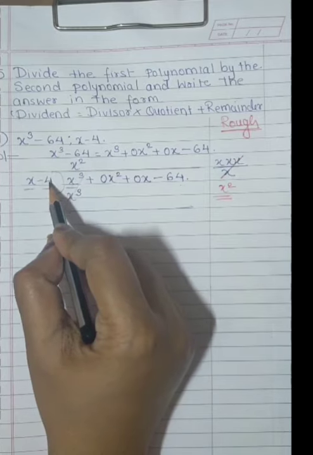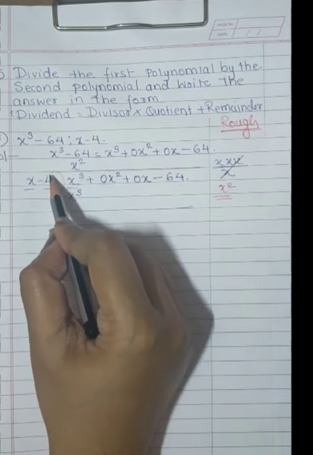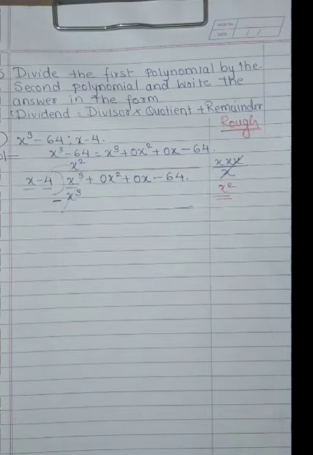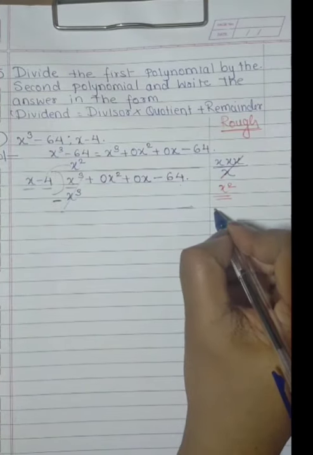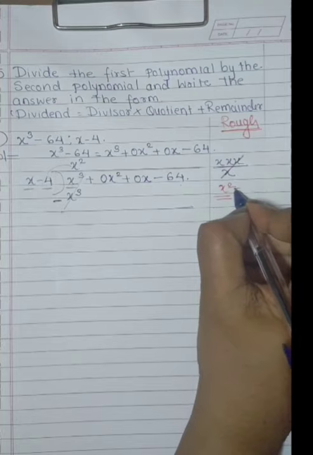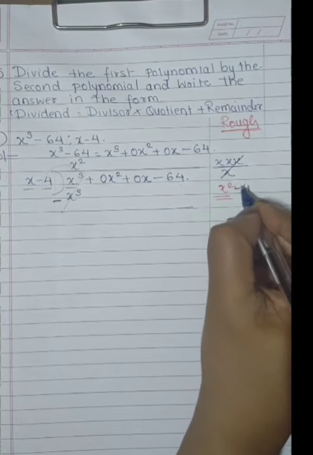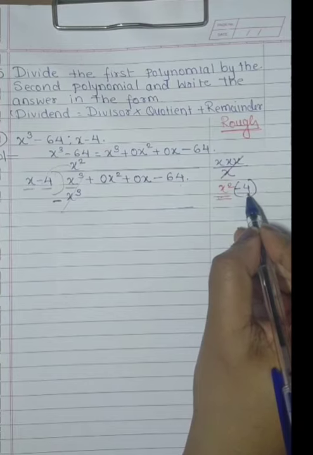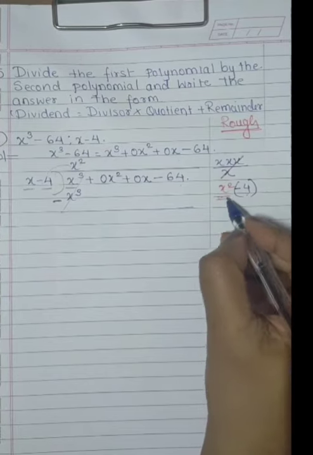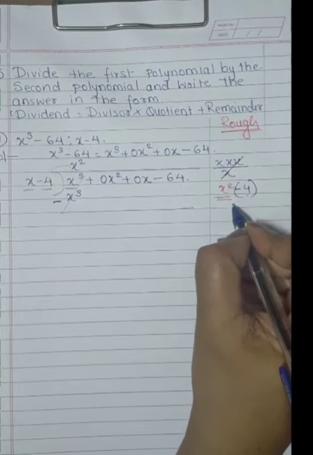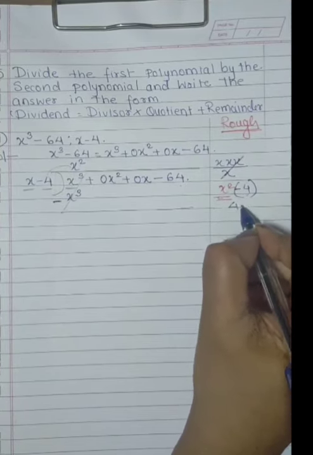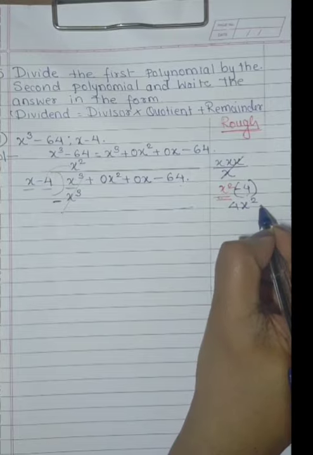Now as you can see, again we are having minus 4 here. So we have to multiply minus 4 with x square. Okay, we have to multiply x square with minus 4. So after multiplying this, we will get 4x square.